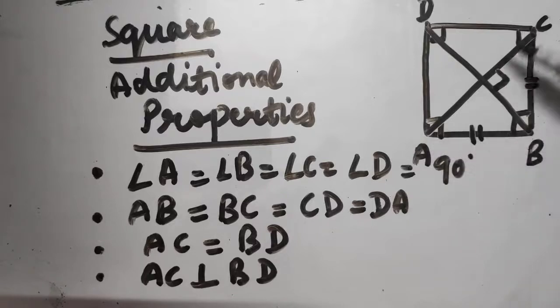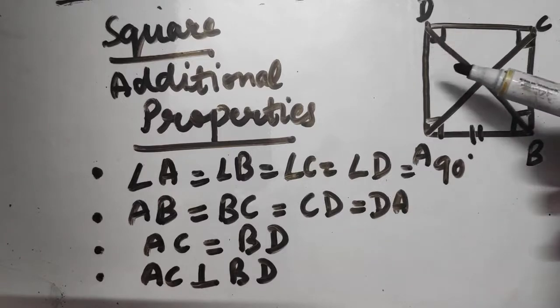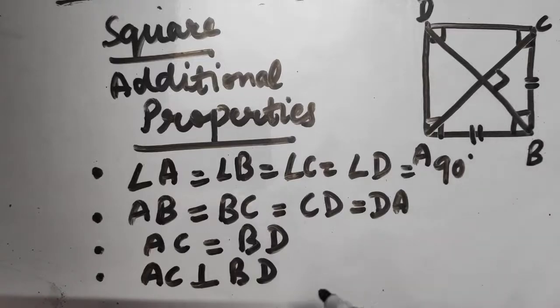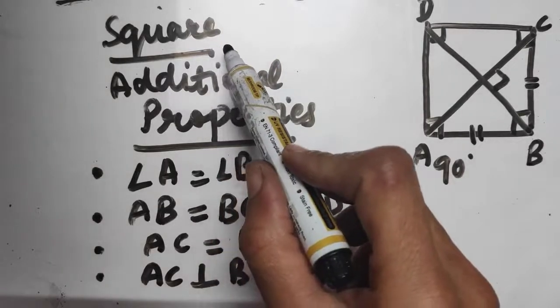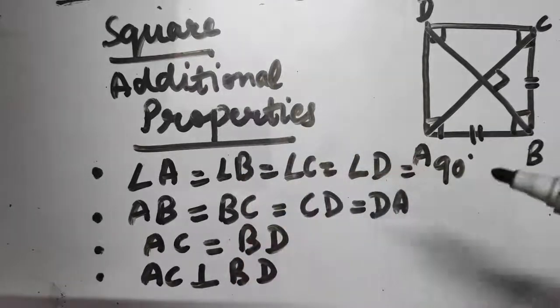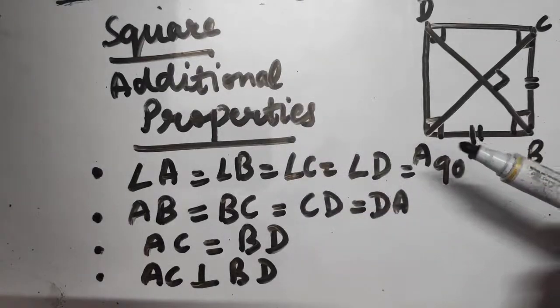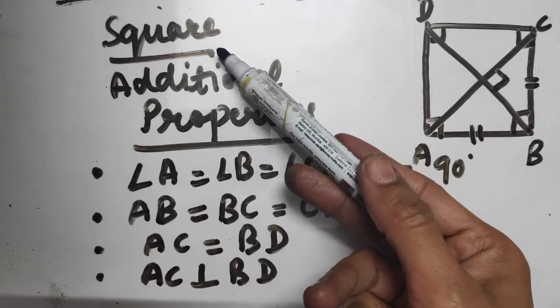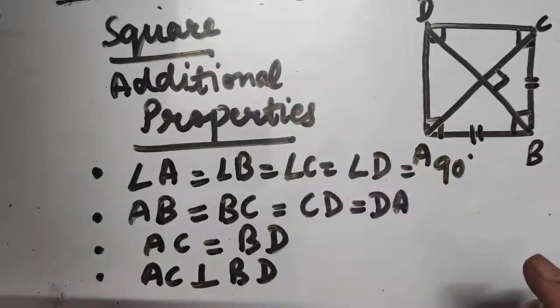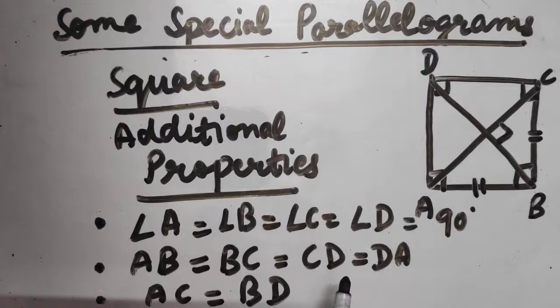So in this diagram, diagonal AC bisects angle A as well as angle C, and diagonal BD bisects angle B as well as angle D. So we can say that a square has the properties of a parallelogram, as well as of a rectangle and a rhombus. So I hope, dear children, you have understood the properties of some special parallelograms, that is rectangle, rhombus and square.